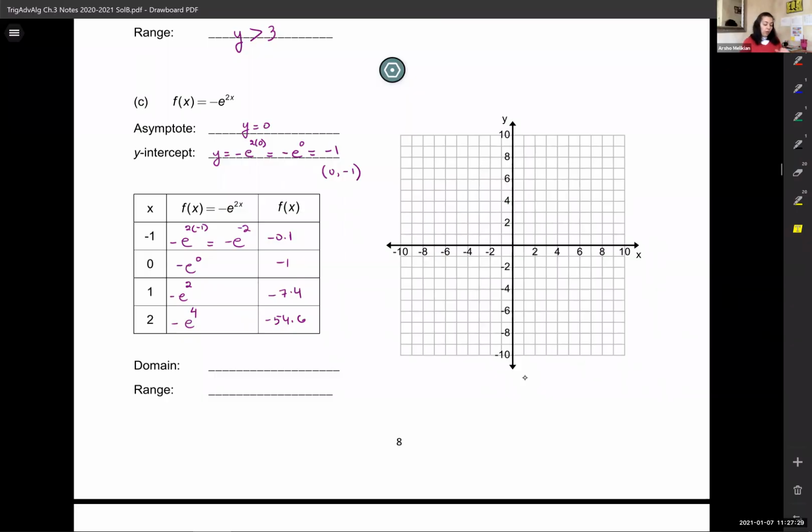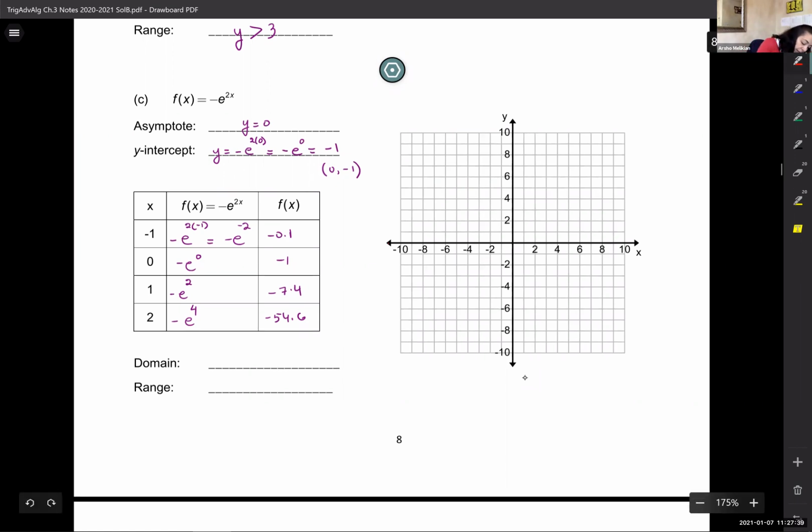Okay, so those are our values, right? Again, the 54 is just way too large, so we don't need to do that. But I've got the asymptote here. At -1, it's -0.1. At 0, we're -1, and then -7.4.